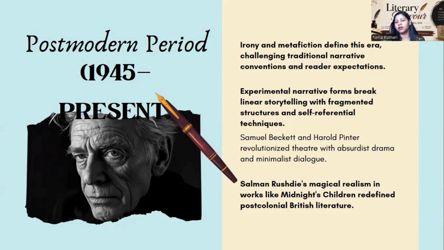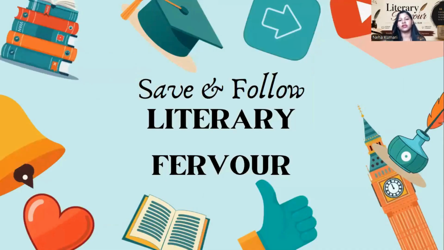The writers here often blur the boundaries between reality and fiction, encouraging readers to question established assumptions about truth, identity, and representation. As we can see, English literature has evolved continuously over centuries, reflecting changes in society, politics, religion, science, and human thought.